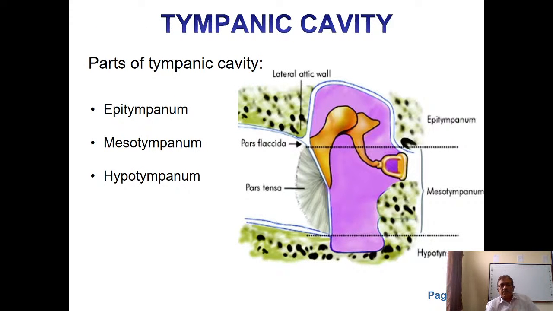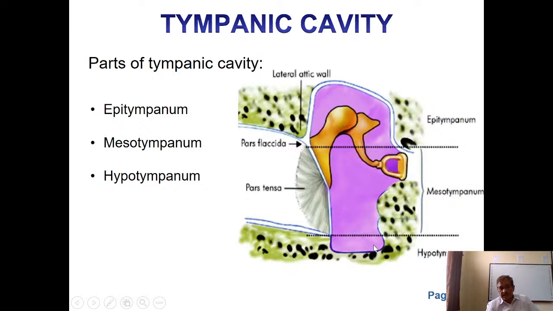So this is how the middle ear cavity is. The most important content of the middle ear cavity is the air. It's an air-filled cavity in the temporal bone.